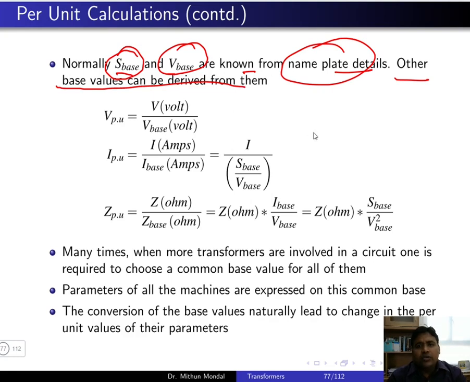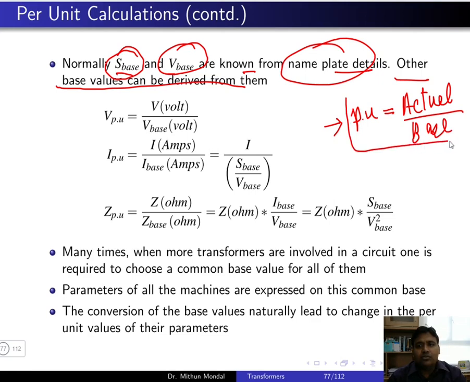Now, how do we define the per unit system? The per unit system in general is defined as the ratio of the actual quantity to the base quantity. Whatever parameter we are trying to obtain, we get the per unit value as the ratio of the actual quantity by the base quantity.